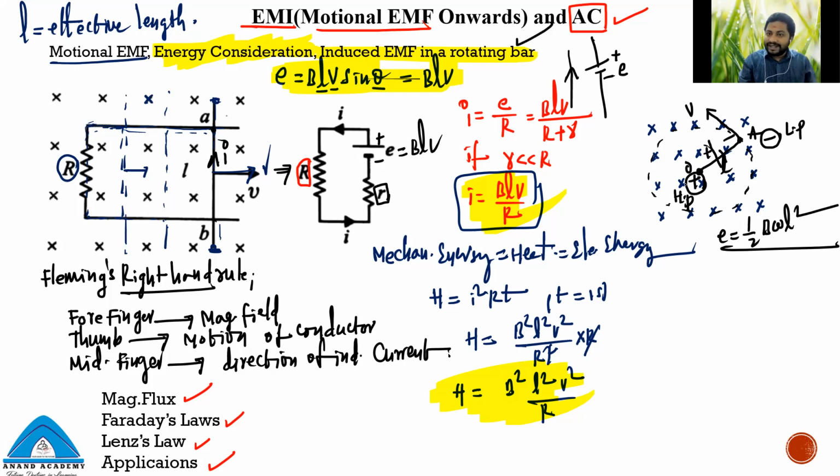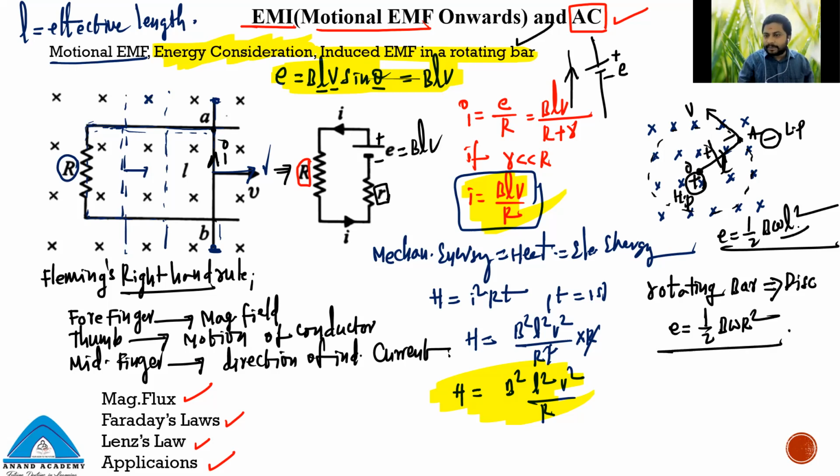For example, instead of this rotating bar, if you take a disc, the induced EMF will be half B omega r square.